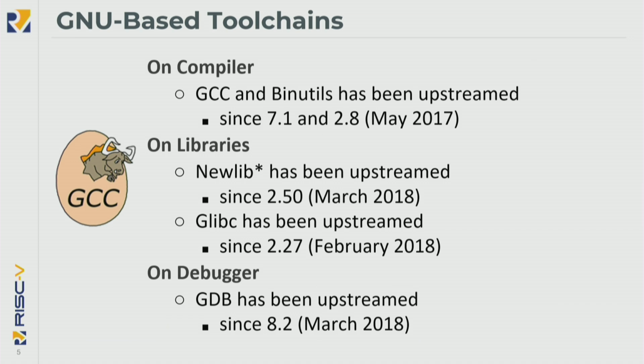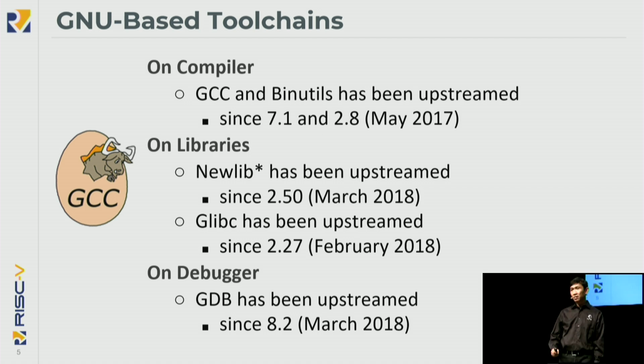As a result, toolchains like the GNU toolchain were able to upstream RISC-V support, as in the case of GCC and Binutils, as far back as May 2017. And similarly with the newlib and glibc libraries, as well as the debugger early last year.